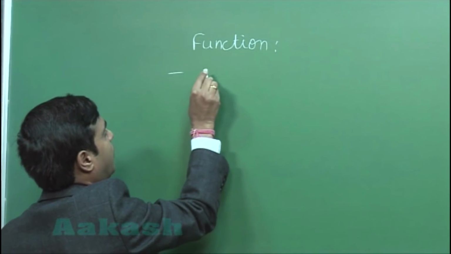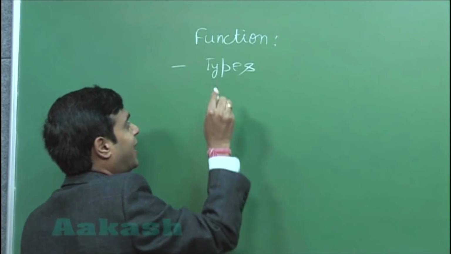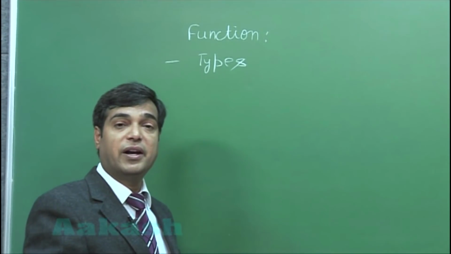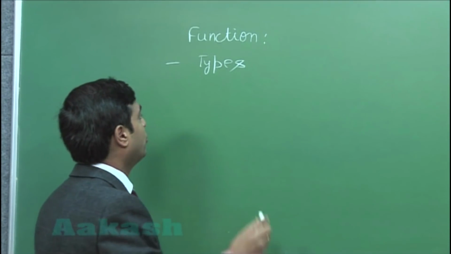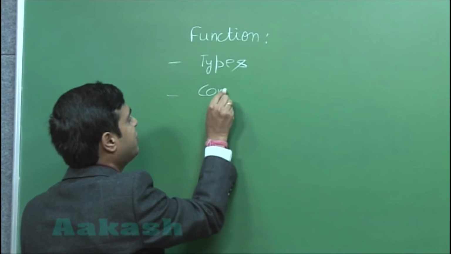So we will be talking about first types, that is one one, many one, onto and into. Then we will be discussing composite function.